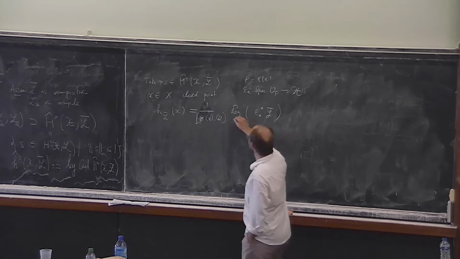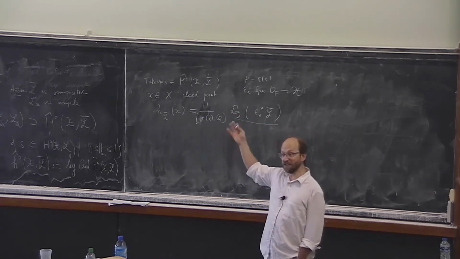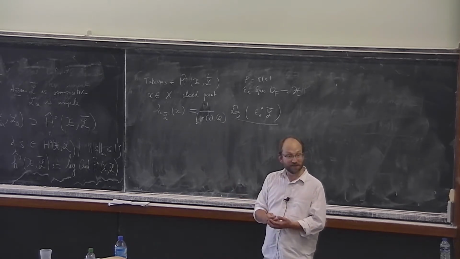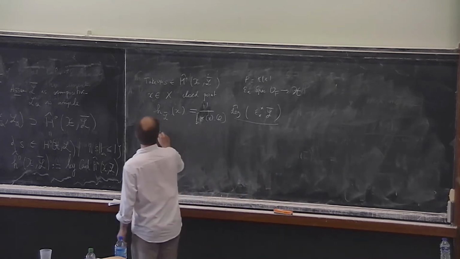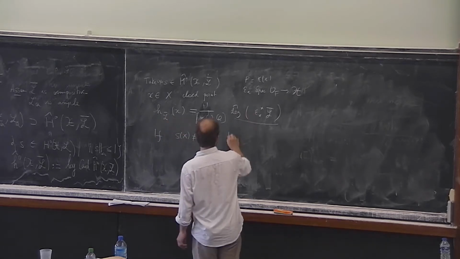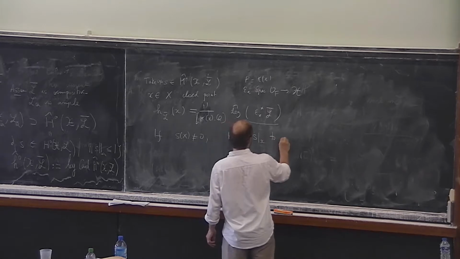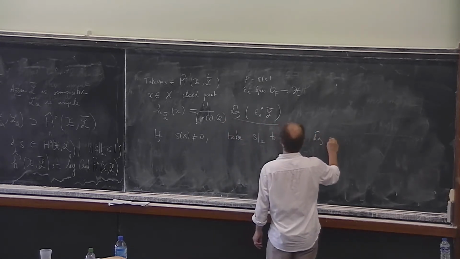And now if you want to compute that, remember in the definition of this arithmetic degree, we take a section that is generically non-zero, so if s(x) is non-zero, we can take s(x) to compute the arithmetic degree.